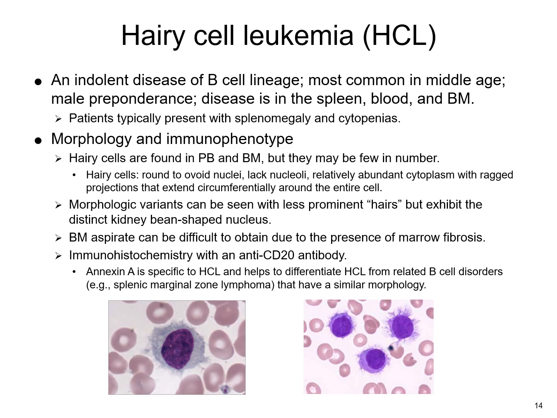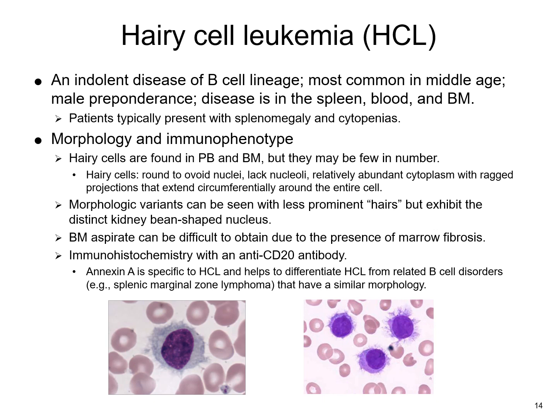Hairy cell leukemia is an indolent disease of B-cell lineage, most commonly found in middle age, with a median age of about 50 years old, and it's seen more in males than females. It mostly targets the spleen, blood, and bone marrow. Patients will typically present with an enlarged spleen and cytopenia.